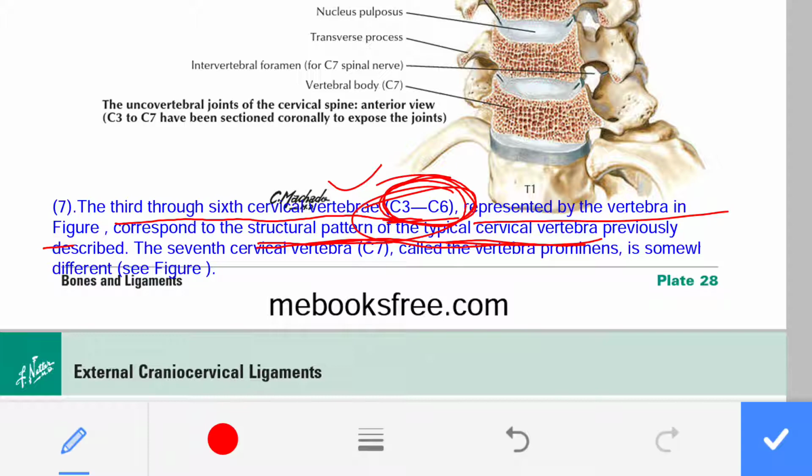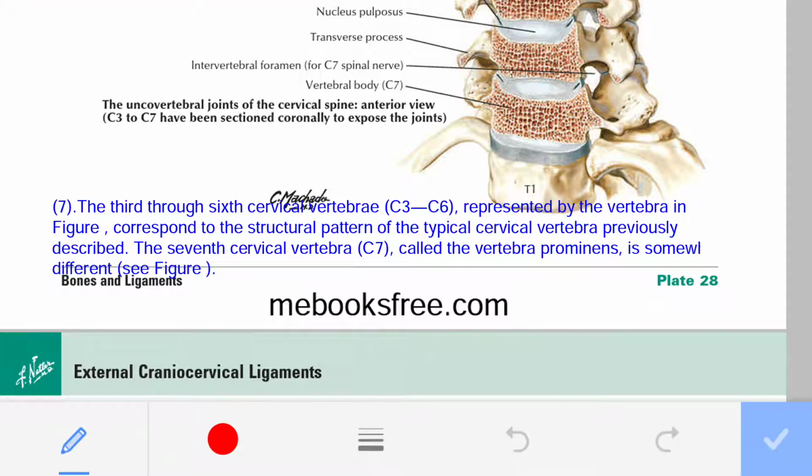Now we are moving on to the next point, and we are discussing the seventh vertebra. The seventh cervical vertebra is known as the vertebral prominence. You need to remember this name.